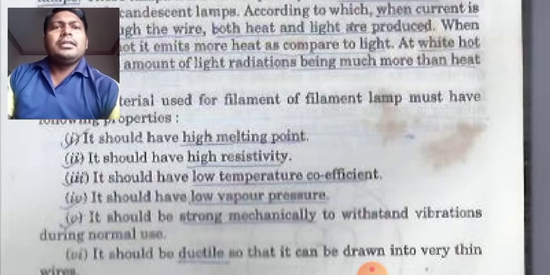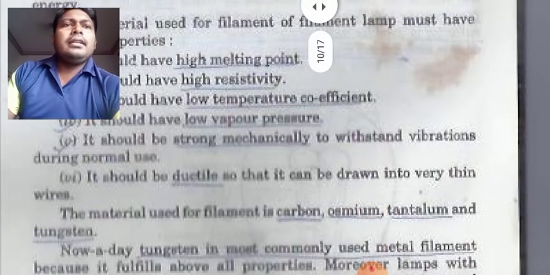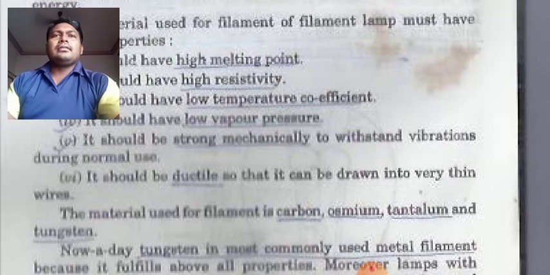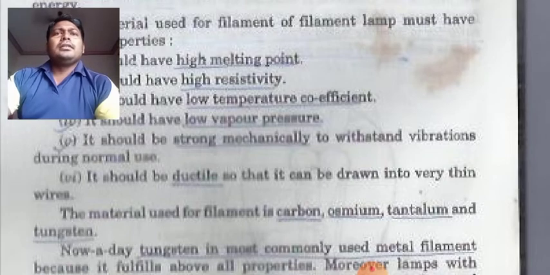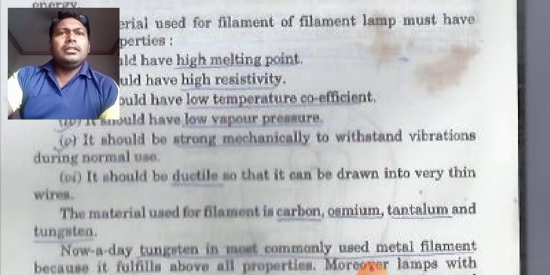It should be ductile so that it can be drawn into very thin wires. So the material should also possess ductility, so as to be drawn into thin wires.